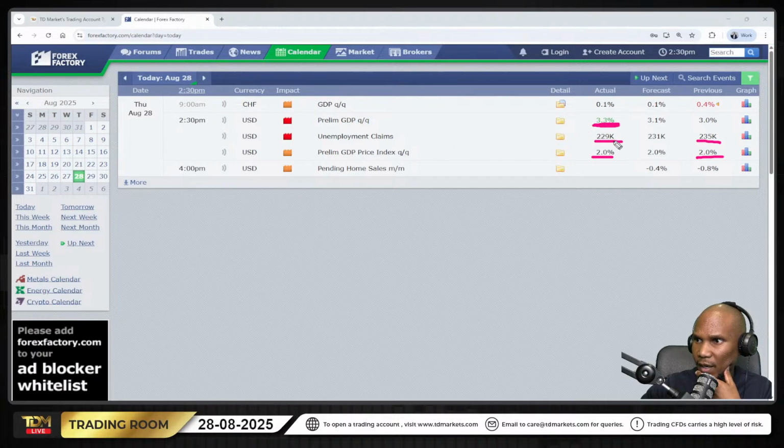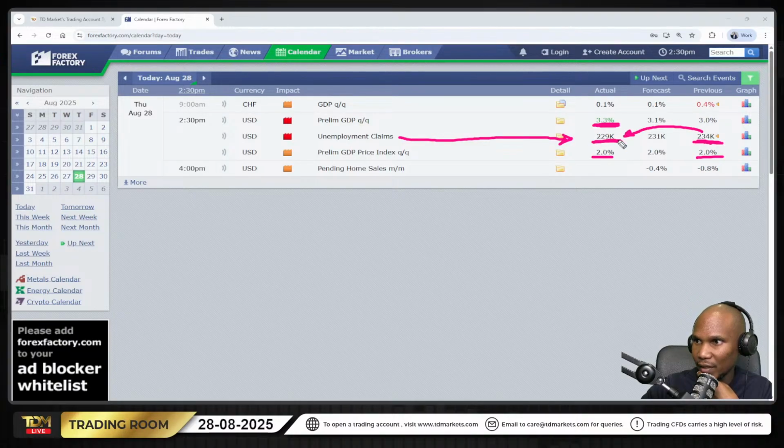Unemployment claims came out, it favors the dollar. The previous has been revised, from 234,000 unemployment claims for the previous week to now 229,000. So it has been revised, but it's still looking good.